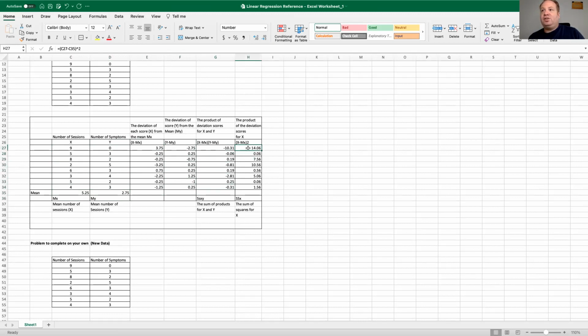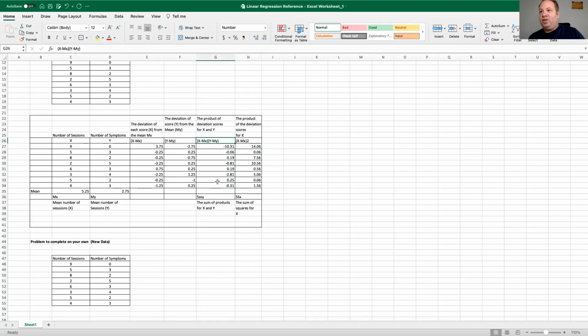And then this, of course, is X minus the mean of the scores, which is right here, minus that, and then we square it. So we take X minus the mean of X and then square it, and we get these numbers right here.